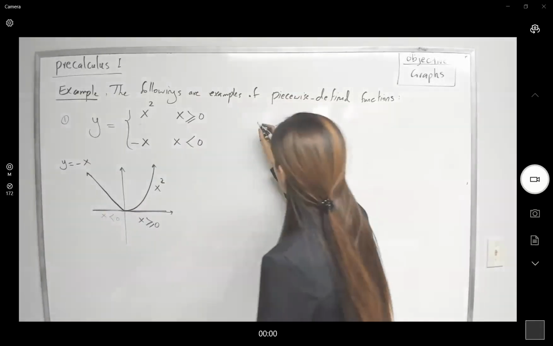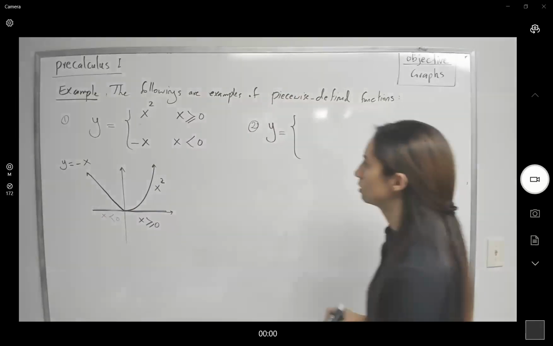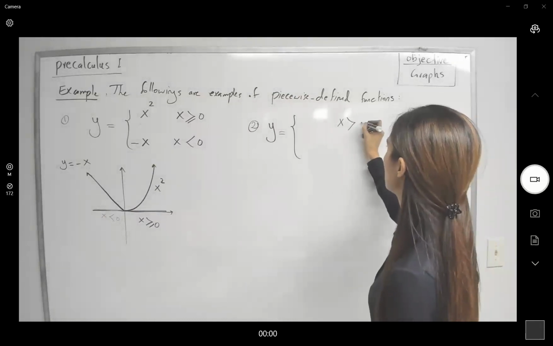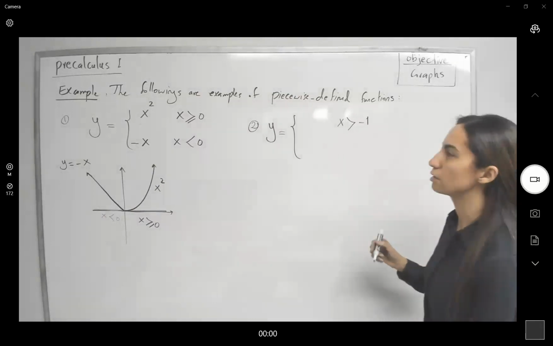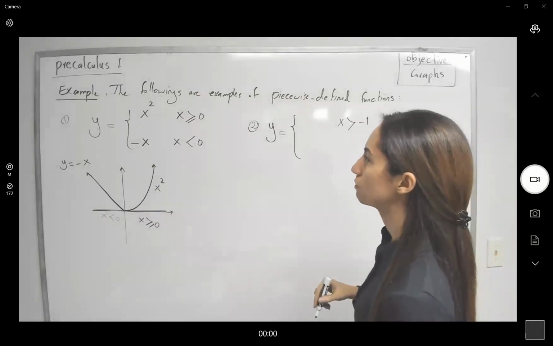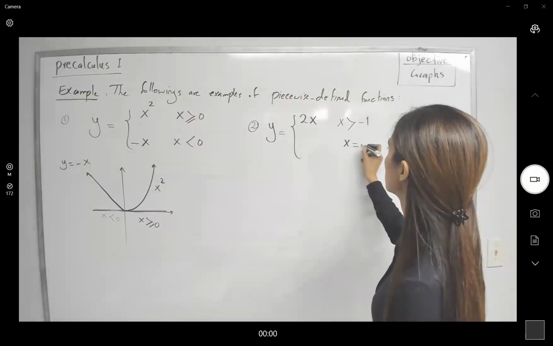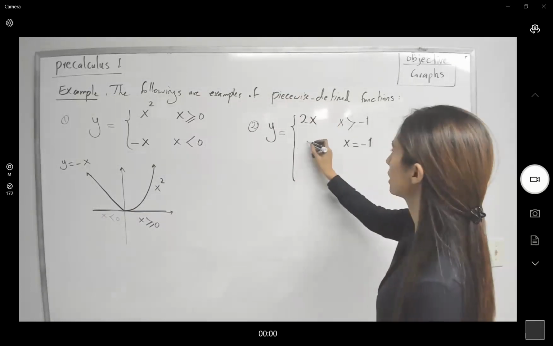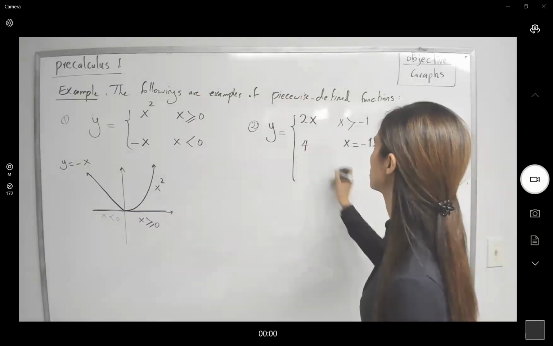Another one, you can define y to be equal to, let's see, if x is larger than -1, I want it to be, for example, 2x, okay, line. If x is exactly -1, I want this guy to be, for example, 2, 3, 4, let's say 4.